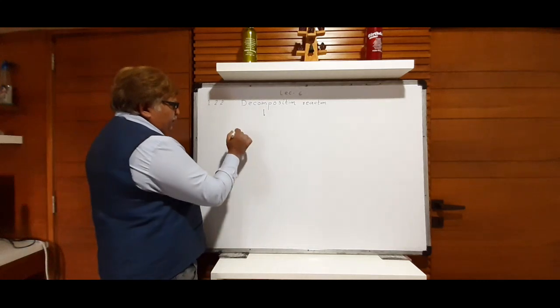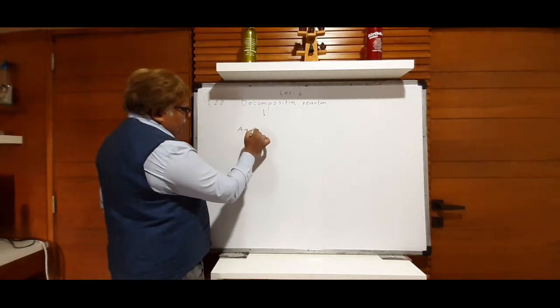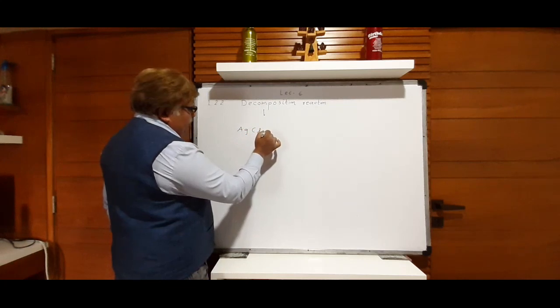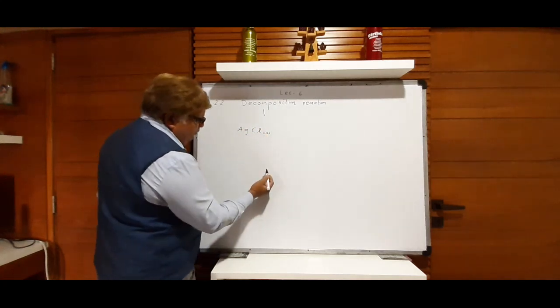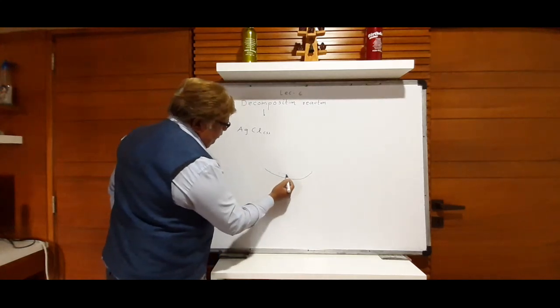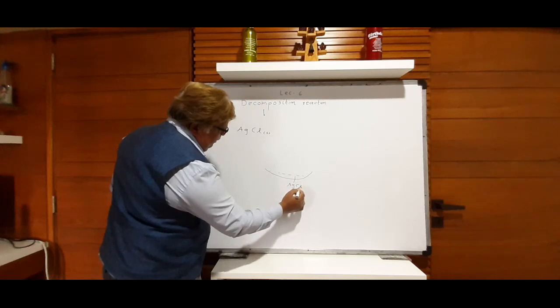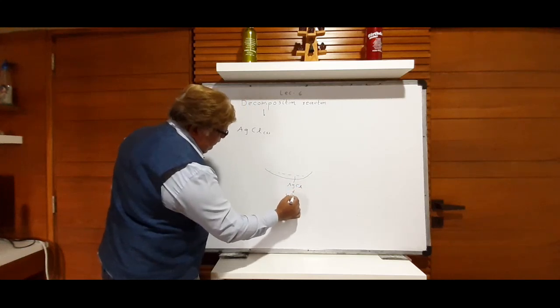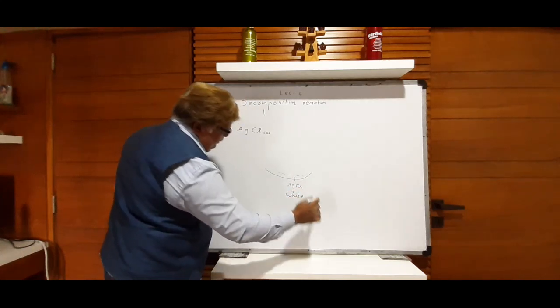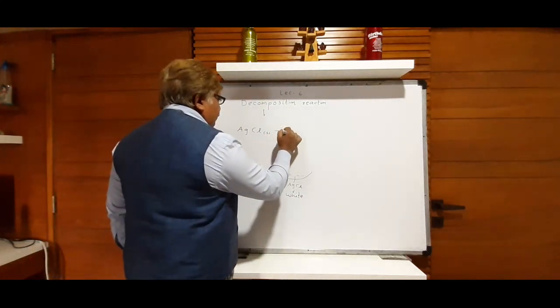Take silver chloride, AgCl. Silver chloride in some china dish like this. Silver chloride applied. This is silver chloride, which is actually white in color. Understand? Now, allow light to fall on it.